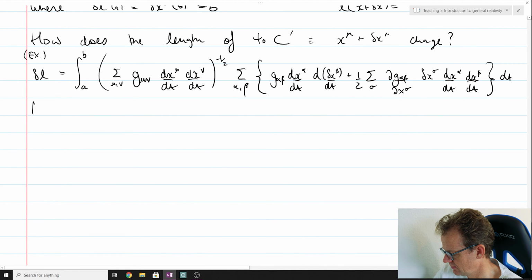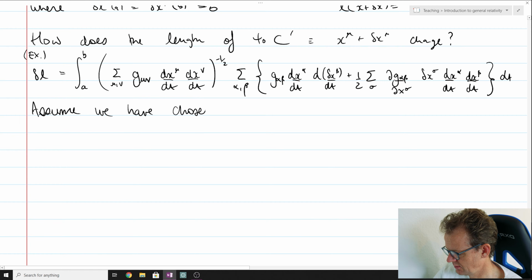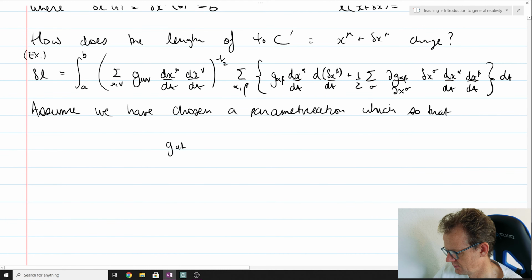So to make life a little bit easier for us, let's assume we've chosen a parameterization where the tangent or the infinitesimal norm is actually 1. Now, can we always do that? Let's take a look.